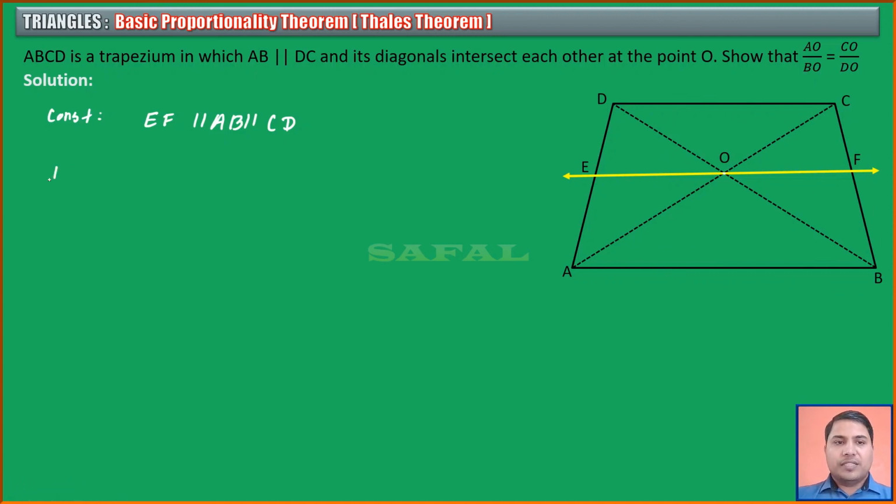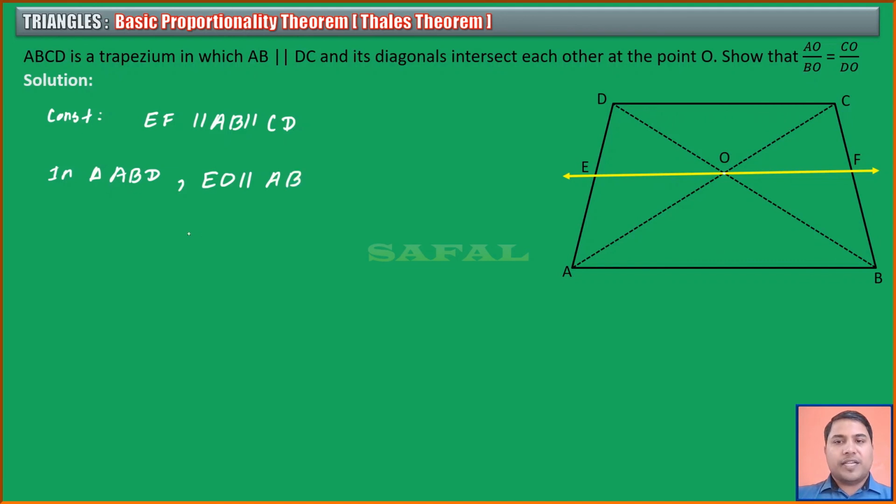Now in triangle ABD, I can see that EO is parallel to AB. So EO is parallel to AB.